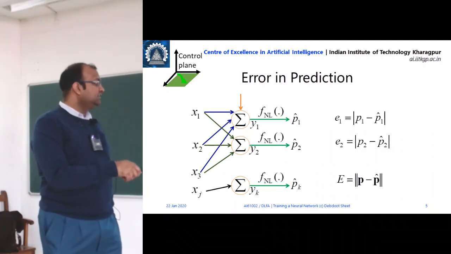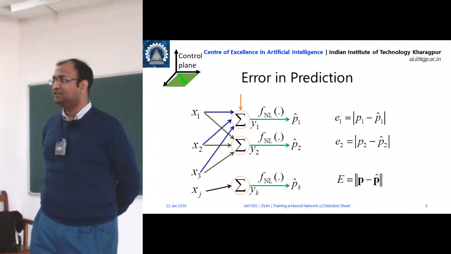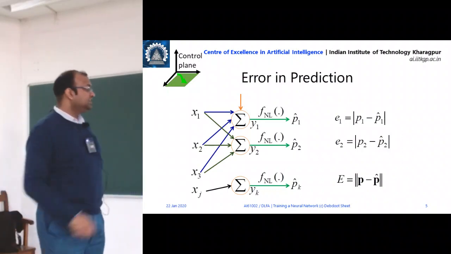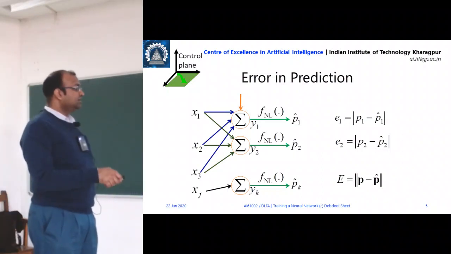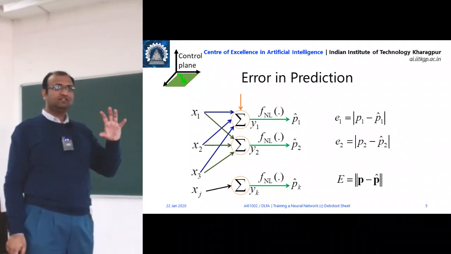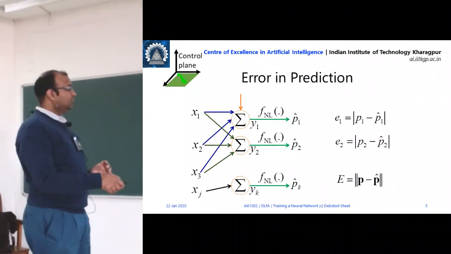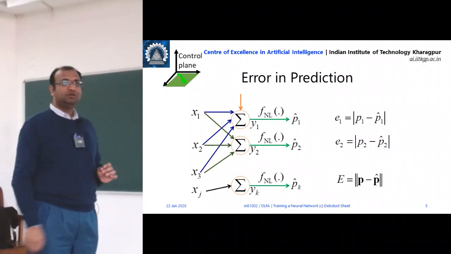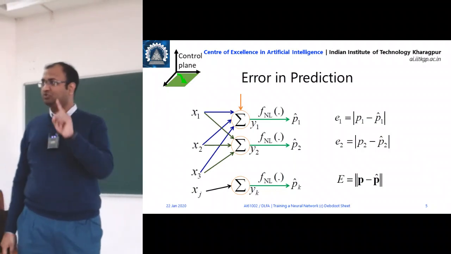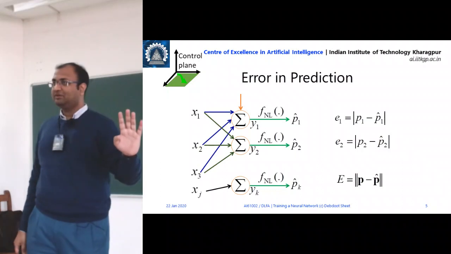Now the point is that since you have multiple predictors, you can find out error for each predictor. So that error can be written something like E1. So E1 is basically the digit which goes over there. So in our example we saw that the digit was essentially 5. So now what that would mean is that whichever is the probability corresponding to 5 in my ground truth, that probability is set as 1, and all other class probabilities are made 0.